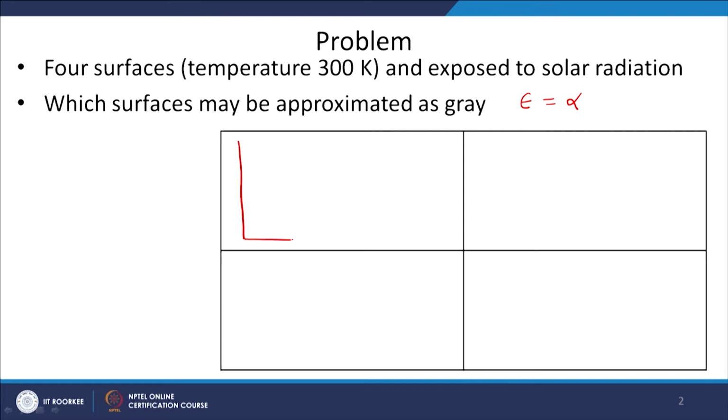For the first surface, the spectral absorptance alpha lambda is given with respect to wavelength lambda, in ranges of 3 micrometer, 6 micrometer and so on.